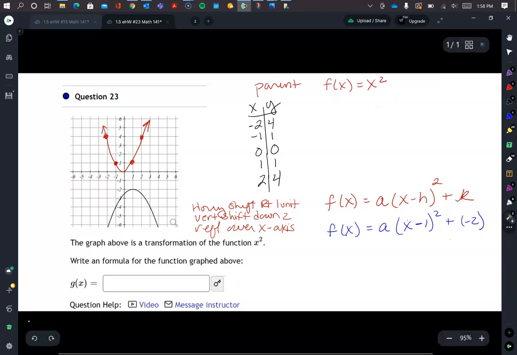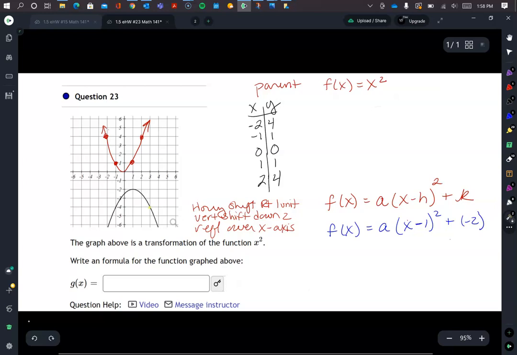So we have some things to work with, but where we're stuck is the stretch or compress. It's a little bit hard to tell. I probably could list out some points, but just to show you, you can pick any point on your graph.